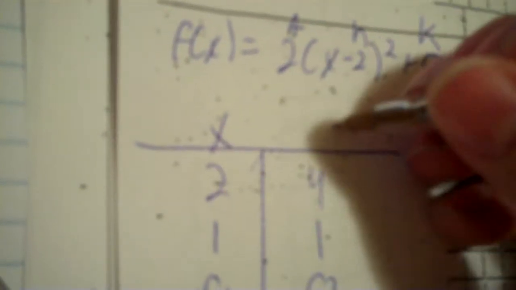Alright, f of x equals 2, absolute value x minus 2 to the second plus 5. So we got an a, an h, and a k this time. Okay, so 2, 1, 0, negative 1, negative 2, 4, 1, 0, 1, 4. Okay, now the a and the k are about the y, so a is times 2 first, then plus 5.